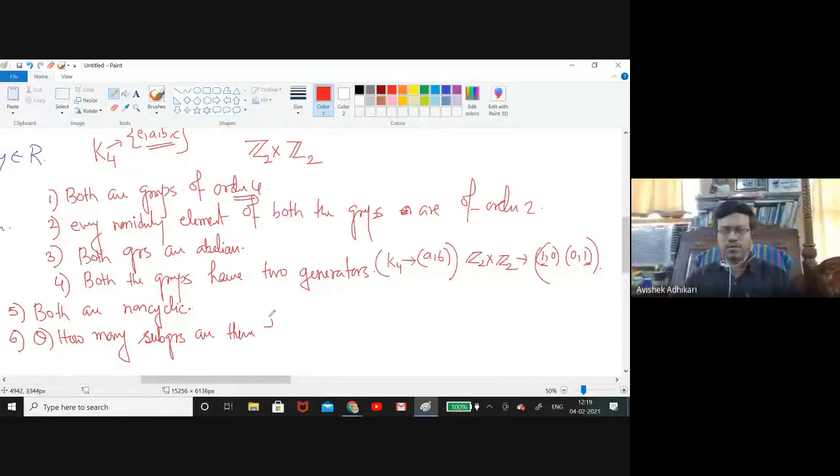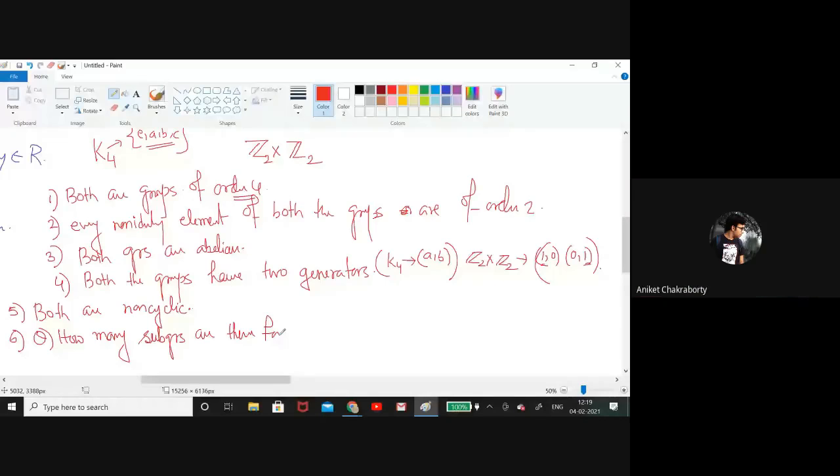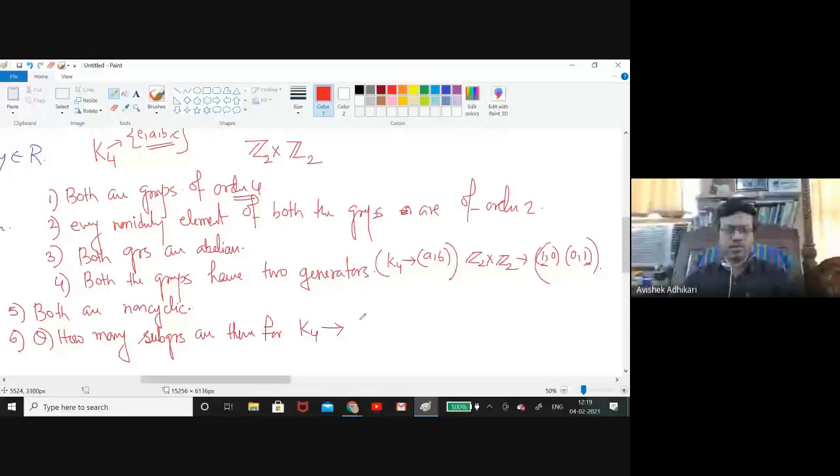There are a total of five: the identity, the full group, and then we can take {E, A}, {E, B}, and {E, C}. So five altogether. Similarly, how many subgroups are there for Z2 cross Z2? The same thing, right? So five.